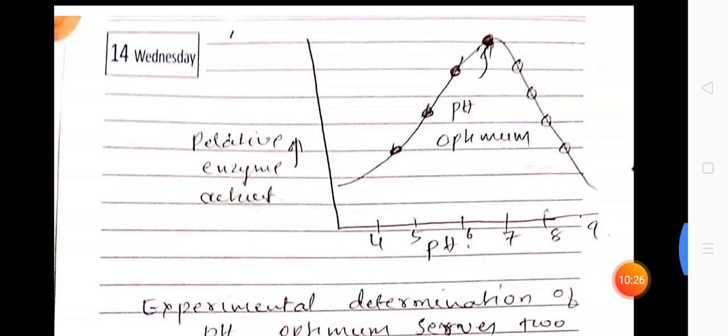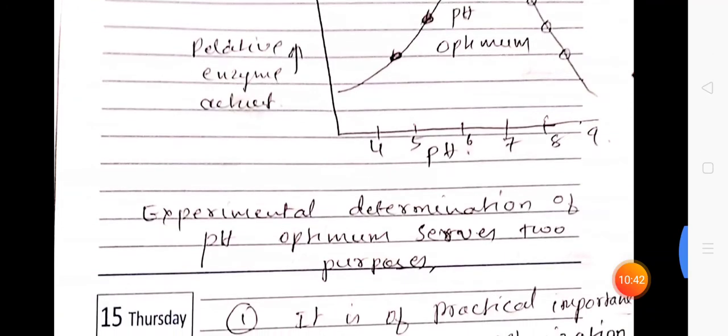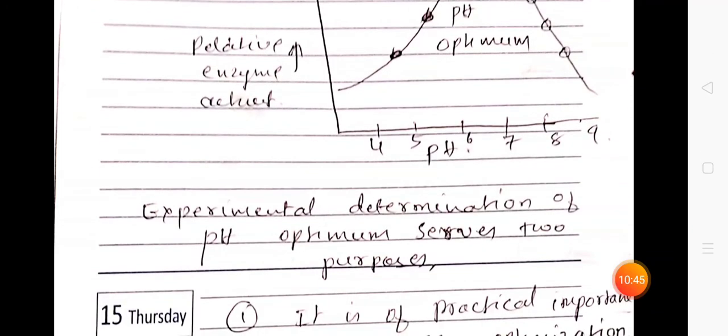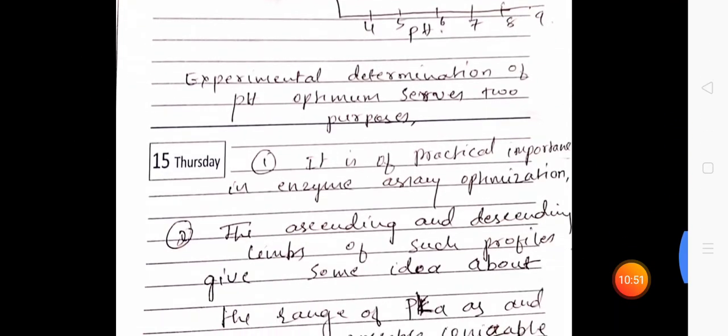And you can see the same thing here. On the x-axis and y-axis, velocity versus pH, you will get the bell shape, and there is an arrow mark at the optimum pH. The round black dots and open circles show that the experimental determination of pH optimum serves two purposes. First, it is practical, important in enzyme assay optimization.